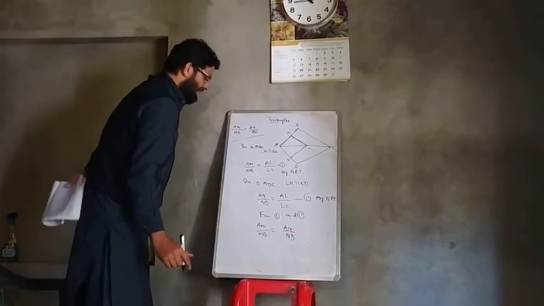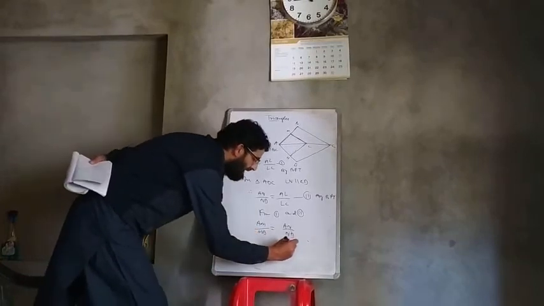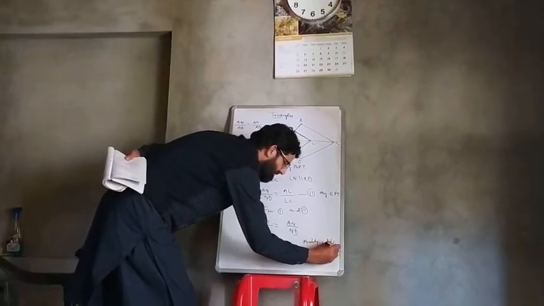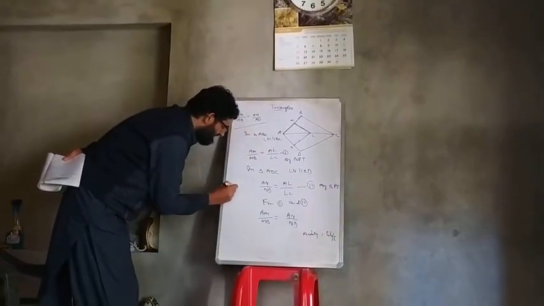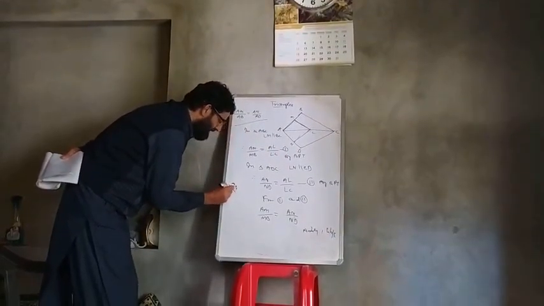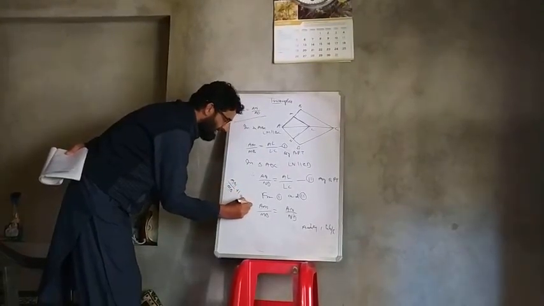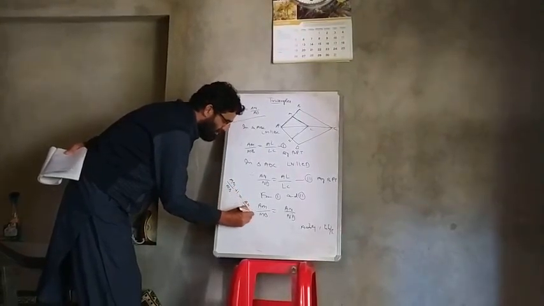Now, adding 1 to both sides. What do we get? AM divided by MB plus 1 is equal to AN divided by ND plus 1.